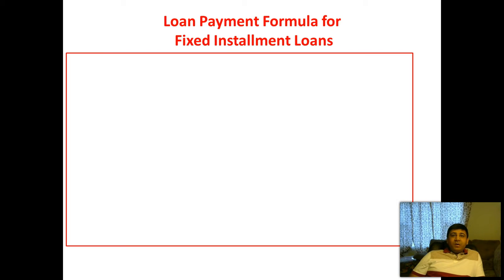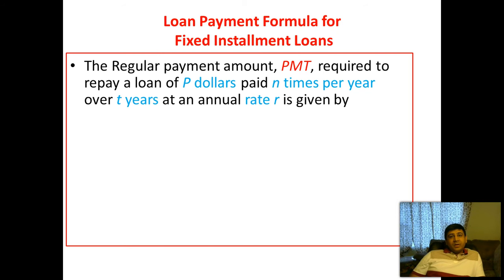Let me first give you a formula. This is the formula which we will use to calculate the installment amount for a fixed installment loan. Suppose the regular payment which you want to calculate is represented by PMT, and the loan which you took is P dollars, and it is paid n times per year. So n will be 12 if you're paying monthly, and the loan is for T years, 1 year, 2 year, 3 year, 4 year, 5 year.